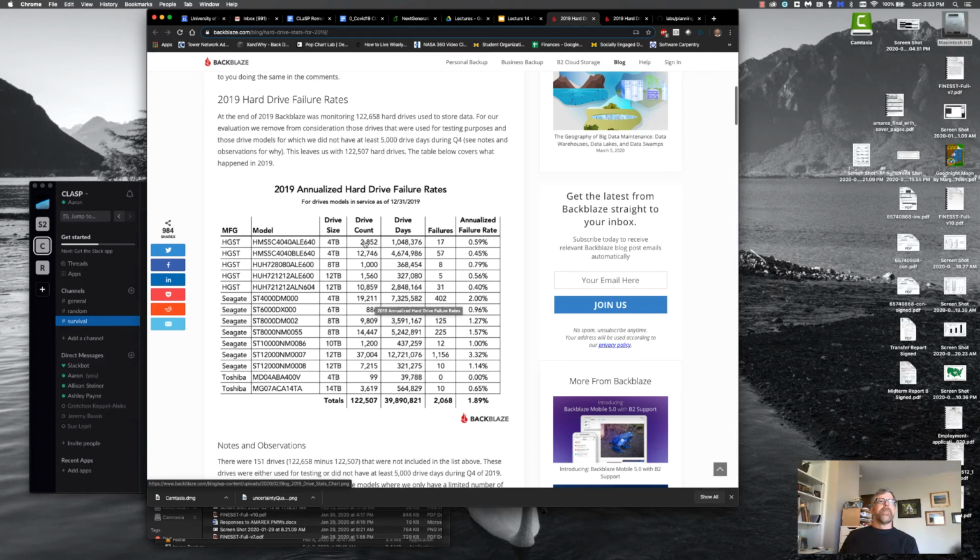So the failure rate of this HGST model is about 0.59%. You can interpret this as Seagate's specific brand being one you probably shouldn't buy if you're running a gigantic server farm where you're backing up everybody's hard drives.